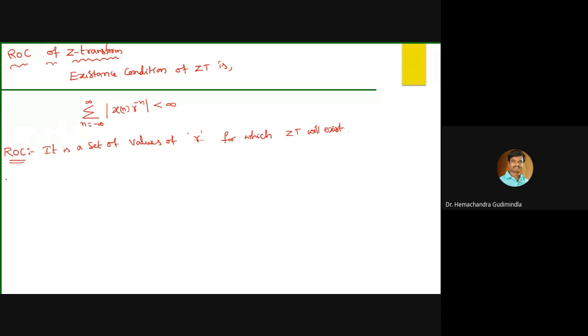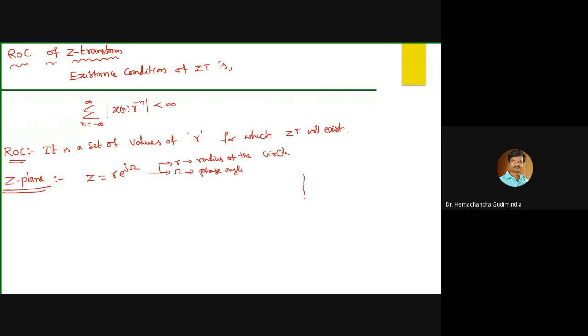Now how to draw the Z plane? Here Z is equal to R into e power j omega, where R is the radius of the circle and omega is the phase angle.